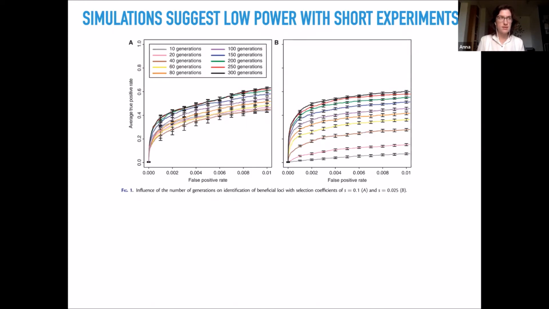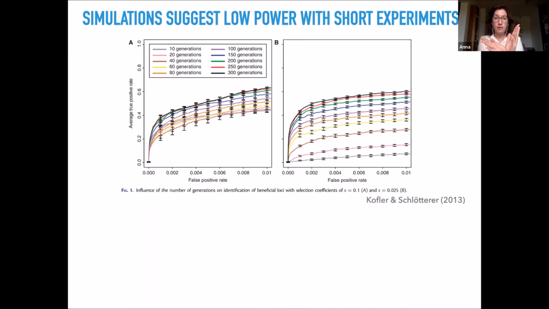This is a simulation study conducted by Robert Kofler and Christian Schletterer a couple of years back. You have two panels here. Panel A is for strongly selected alleles and B is for weaker selected alleles. And these are ROC curves. So like Kelly said, on the y-axis we have the true positive rate. On the x-axis, you have the false positive rate.